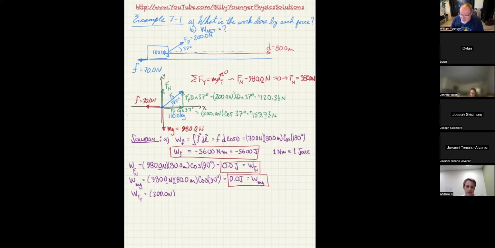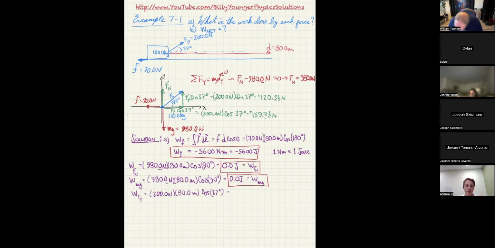The 200 newtons stays the same, so we don't have to integrate. We are going to multiply it by 80.0 meters. And then, of course, you can see the FP vector, when it's tail to tail with the d vector, is literally at 37 degrees. So I'm going to say 200 newtons times 80.0 meters times the cosine of 37 degrees.